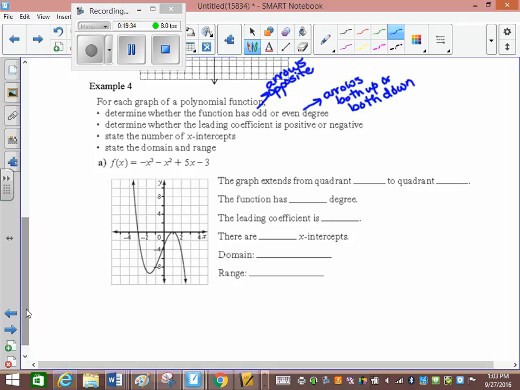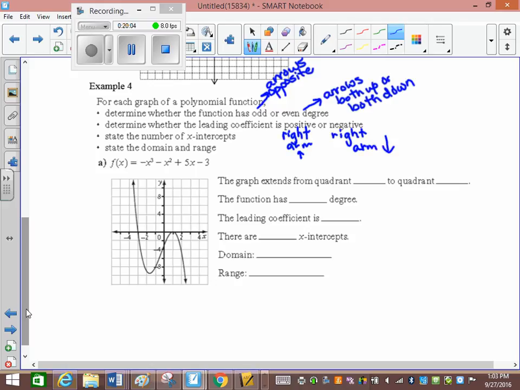How do you determine whether the leading coefficient is positive or negative? If I took away the equation and blocked the equation, how can I tell this graph is positive or negative? Right. So look at the right arm. Positive, right arm up. Negative, right arm down.